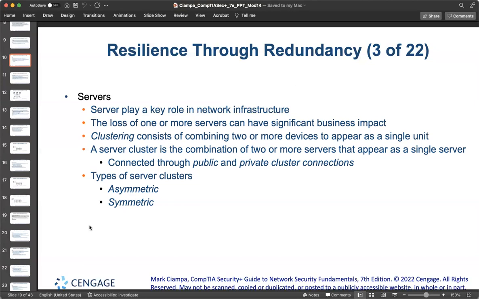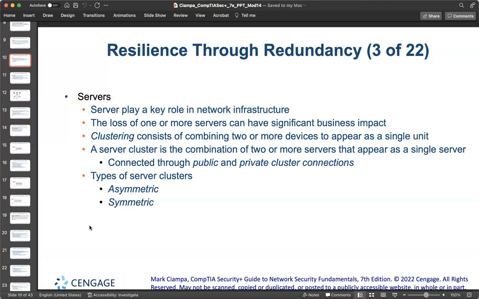A server cluster is the combination of two or more servers that appear as a single server to your user, and those are connected through public and private cluster connections. They can provide services to the outside users in a public manner, or to the internal users in a private manner.